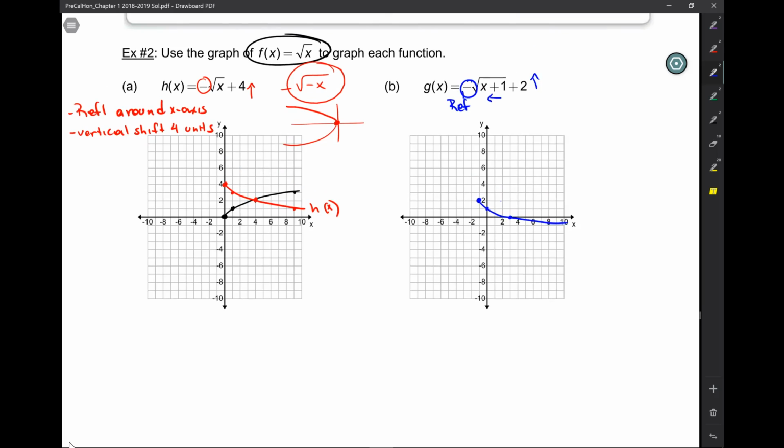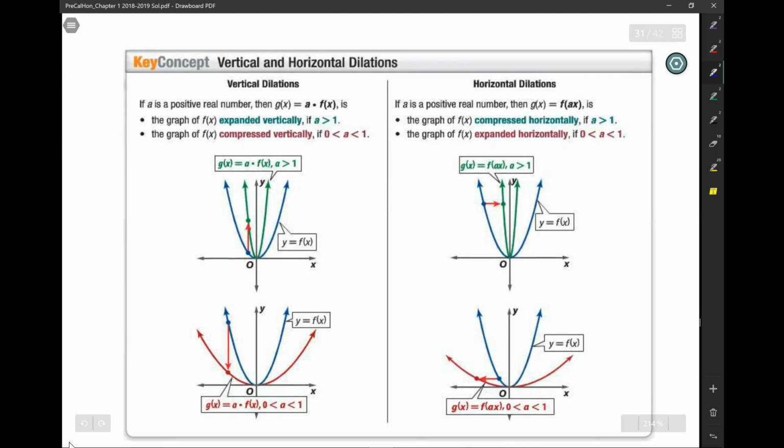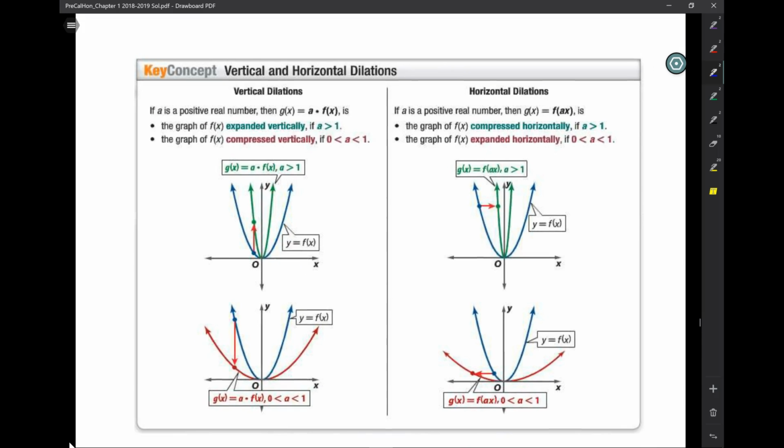All right, so now then, let's talk about dilations. Okay, vertical and horizontal dilation. So let's talk about vertical dilations. If something is expanded vertically, it means, imagine this blue parabola had strings attached here and here.